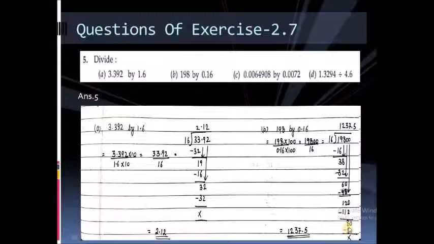Now, where does this 0 come from? You may wonder where this 0 comes from. Okay, so you can see here I can write this 198 as 198.0 because this is my whole number. So the decimal would be at the end of the digit, and after it you can write as many 0s as you want.